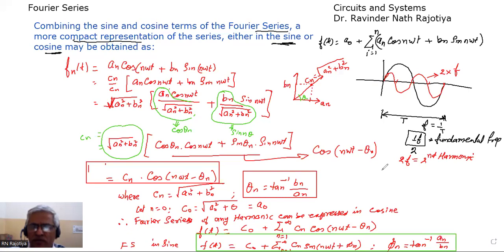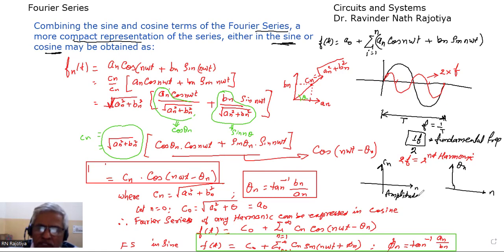So the graph here can be drawn as Cn versus n and theta n versus n. These two spectra will be obtained from these two equations. This will be called the amplitude spectrum, and this will be called the phase spectrum.